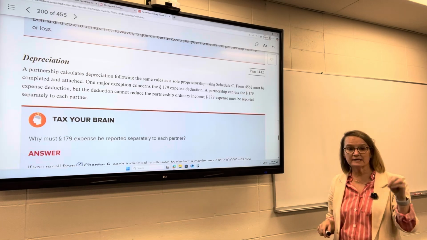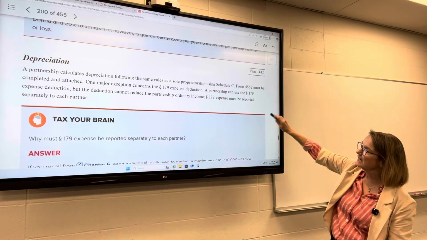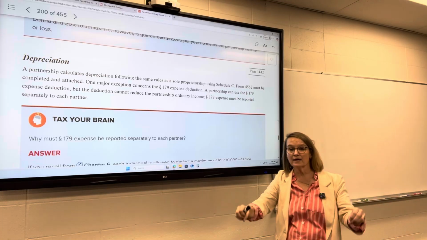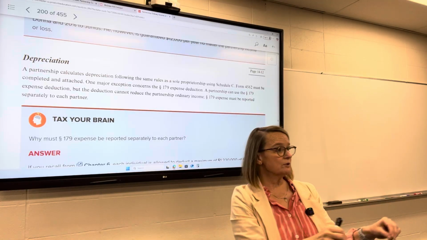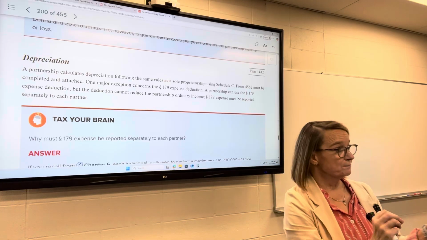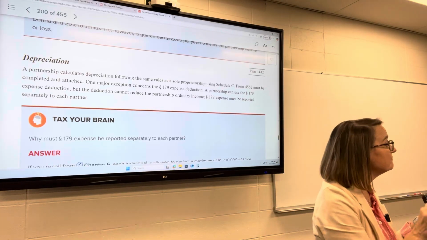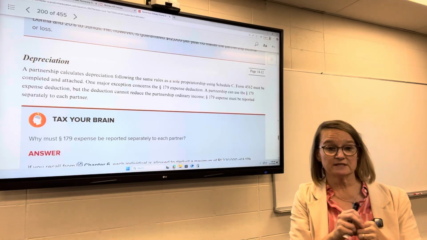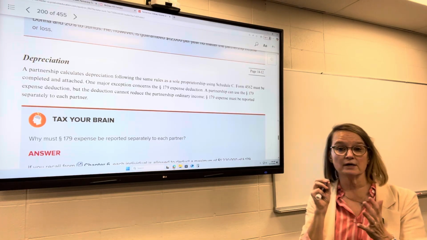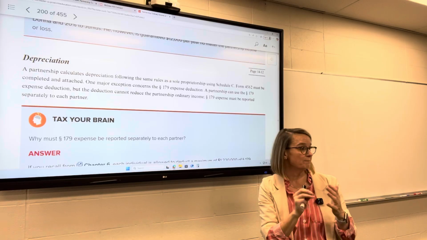So they are applied on an individual basis, and so the 179 expense deduction is listed separately on the K-1 because some partners may be entitled to it, other partners may not be entitled to it if they have other 179 that's claimed on their tax return. So those 179 limits are on an individual taxpayer basis.